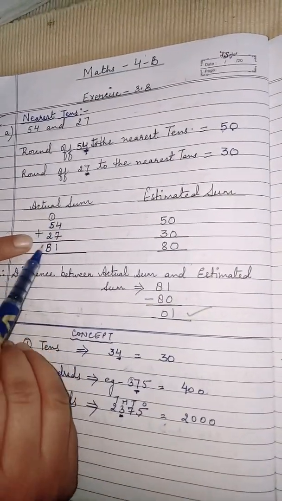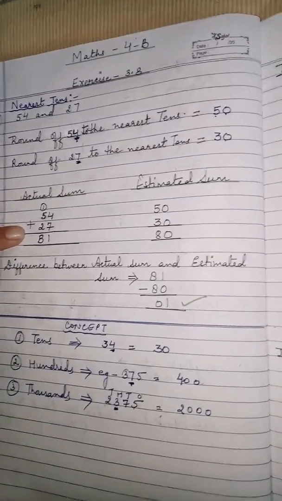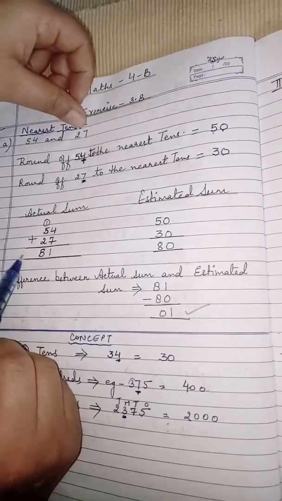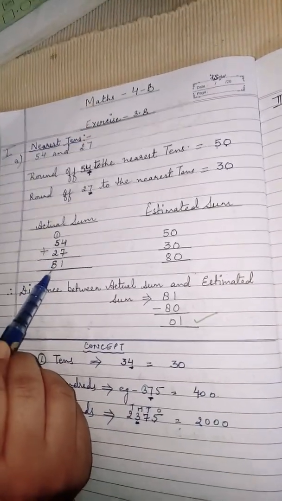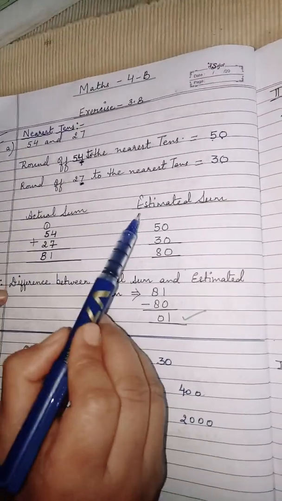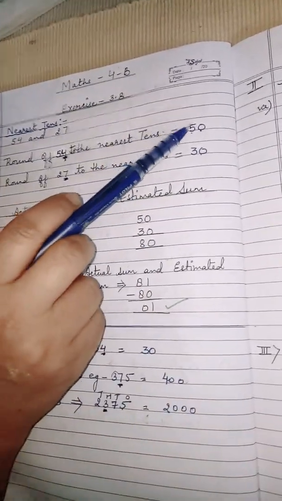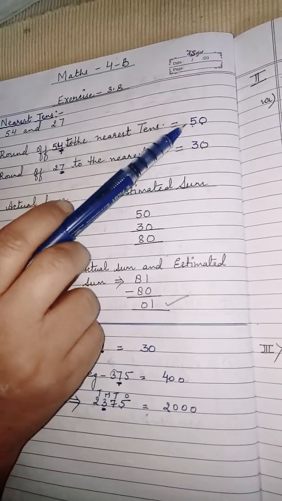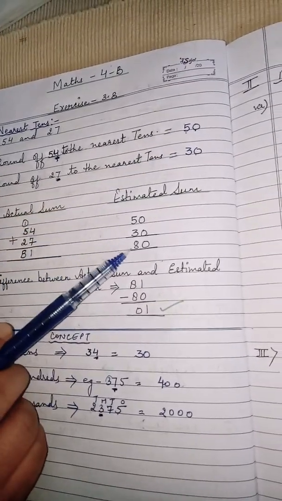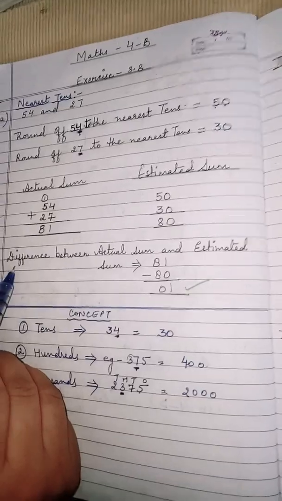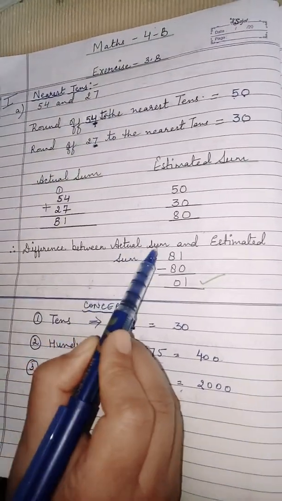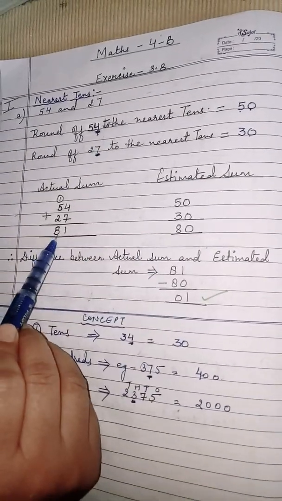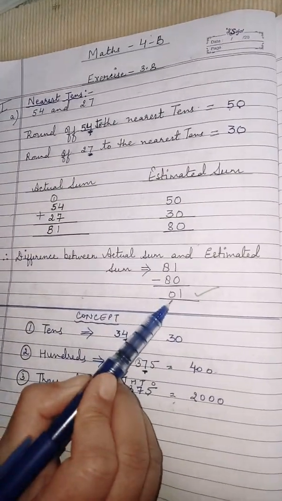Actual sum means sum is the answer of addition, so that means you are going to add the actual digits, 54 plus 27, and the sum is 81. And then estimated sum, the estimated numbers are given here. We have found out the estimated numbers. We are going to find the sum of these two estimated numbers, that is 80. And then finally, therefore, the difference between the actual sum and the estimated sum will be 81 minus 80, that is 1.